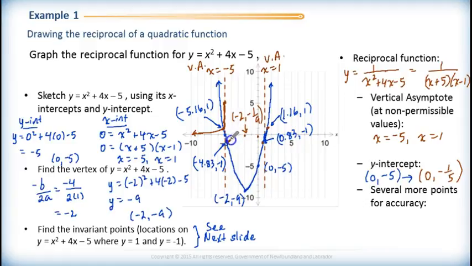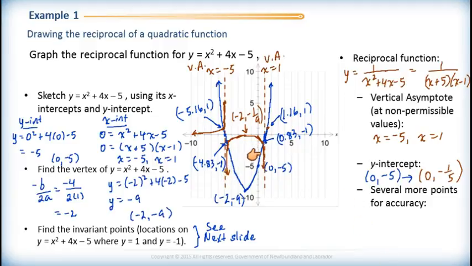So I can connect those. Something like that. And then between the asymptote and this invariant point, I've got small negatives. So for the reciprocal graph, I'm going to have larger negatives, getting close to the asymptote.